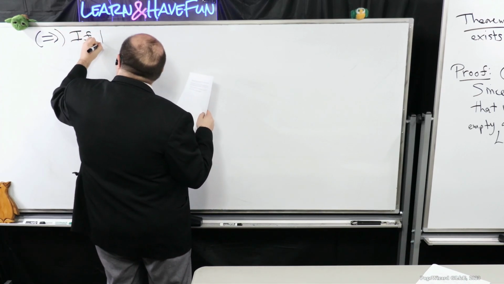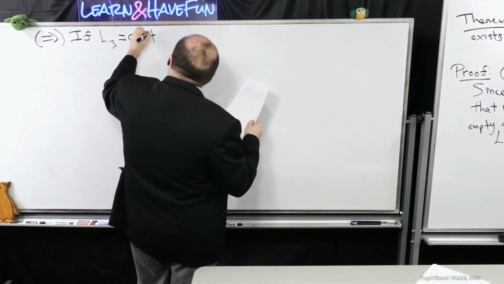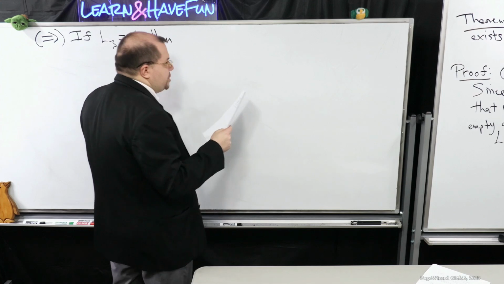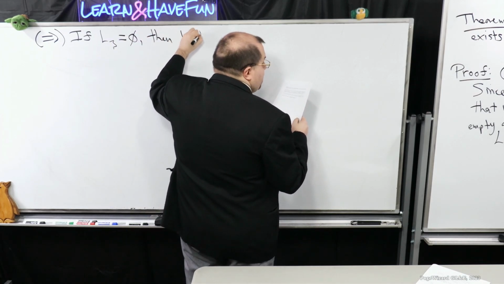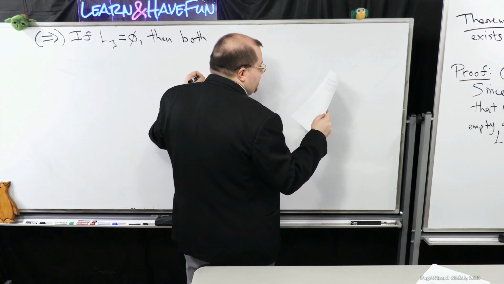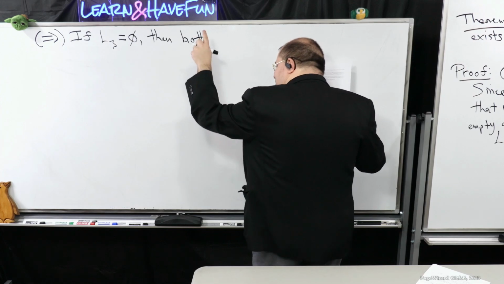If L3 is in fact empty, then what does that mean by definition? It has to be that both parts are empty, because remember, it's connected by a union. So we have the first part and the second part, with a union in between.